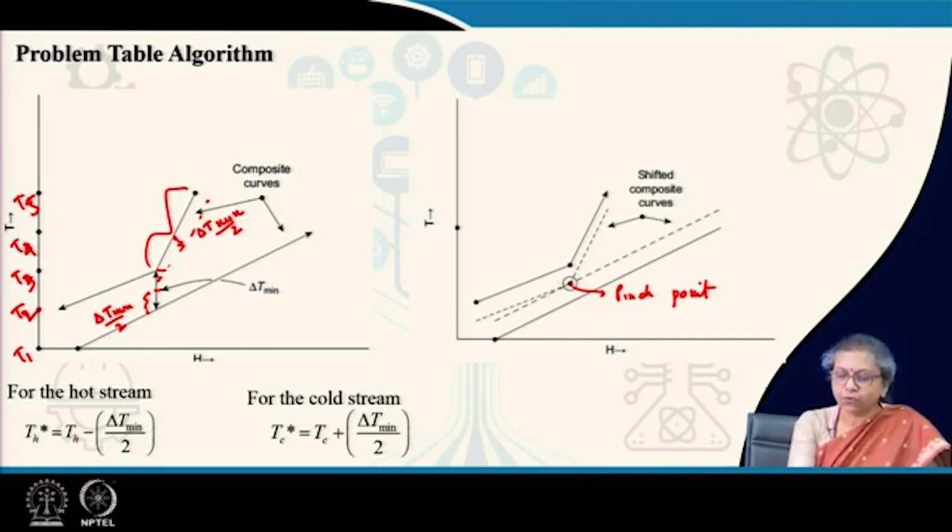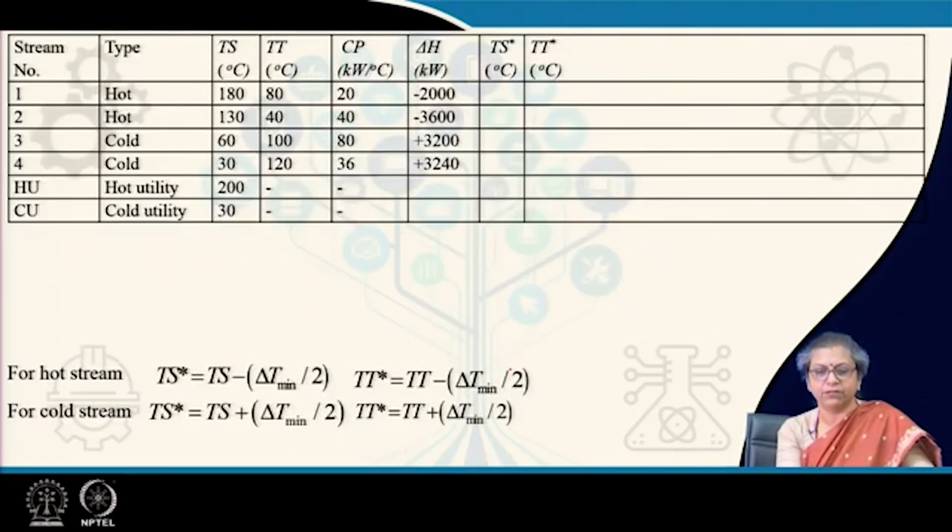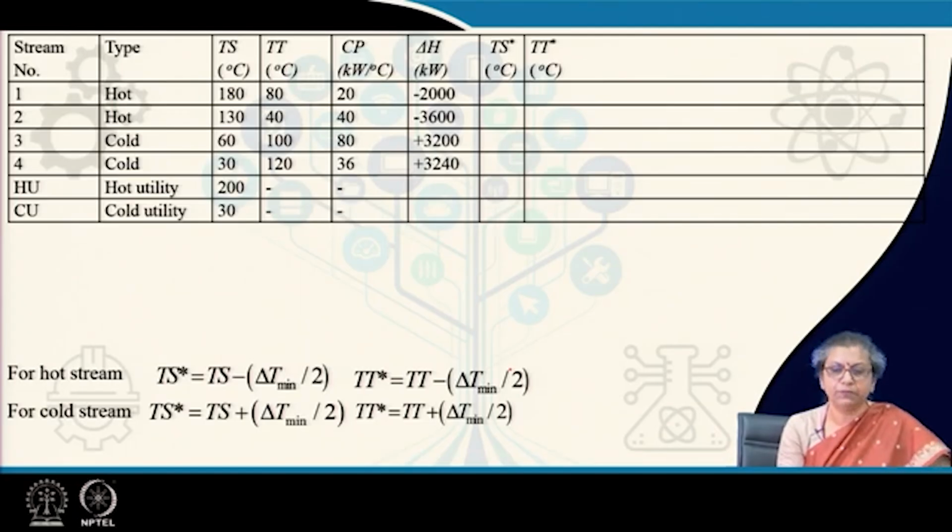So, the whole situation is feasible even if there is a pinch point. Based on this, the problem table algorithm has been developed. Now, we will take up the problem that I have shown you, to find out the location of the pinch point using the problem table algorithm.